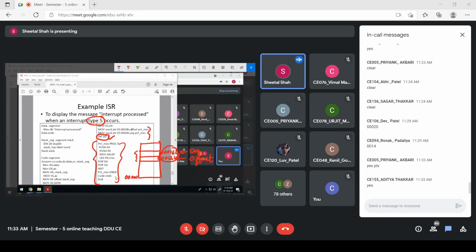By using the assembler directive SEG PRT_MES, we get the segment address of this procedure, and that I am storing at ES:0016. So here I have to provide the segment value, colon, the offset value.